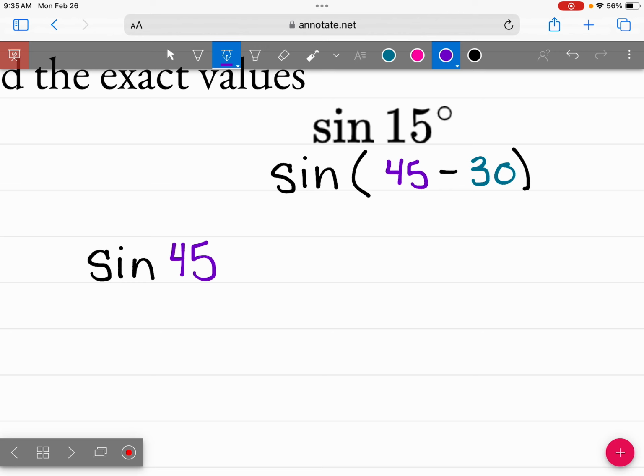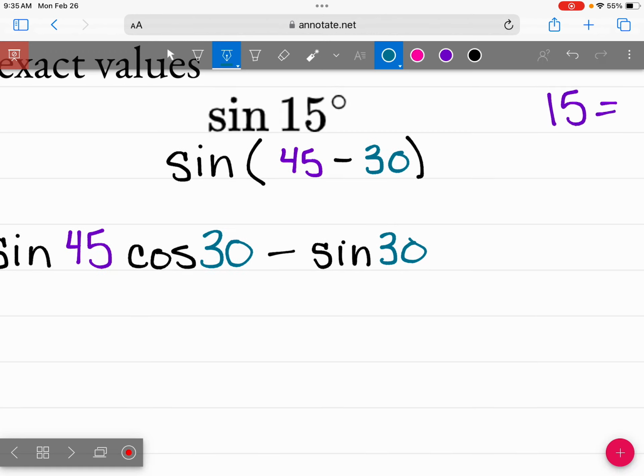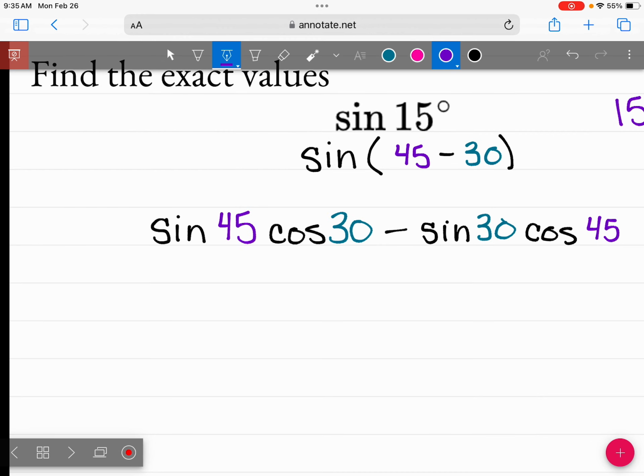of 45 times the cosine of 30, and then we're going to subtract the sine of 30 times the cosine of 45.